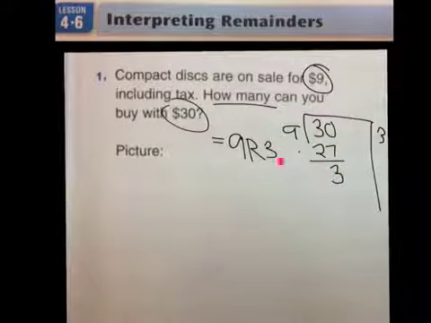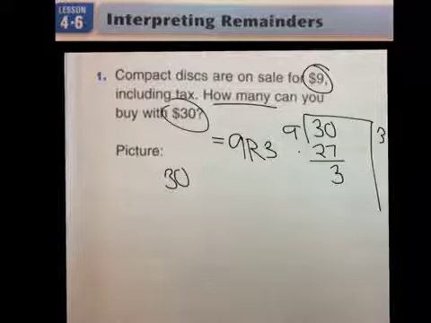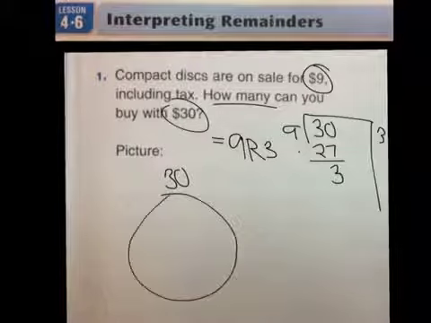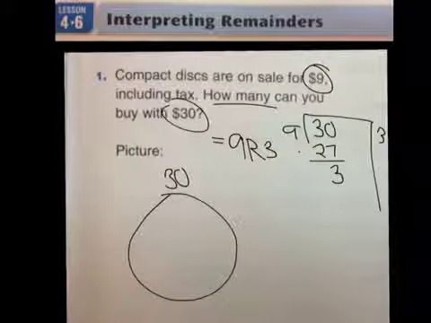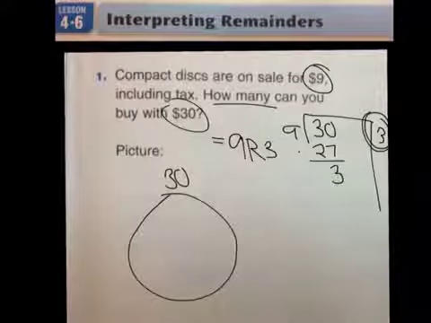But how can we draw a picture of this? I would draw it as a circle. I'll draw my $30, there's my whole $30. And in my $30, I know I can squeeze 3 9s. Oops, I did that wrong.